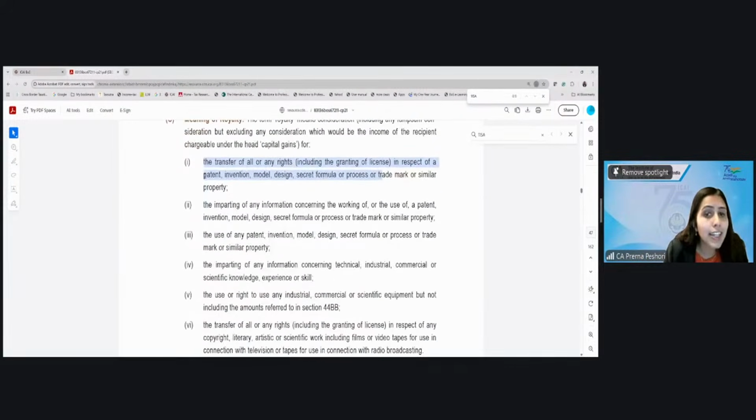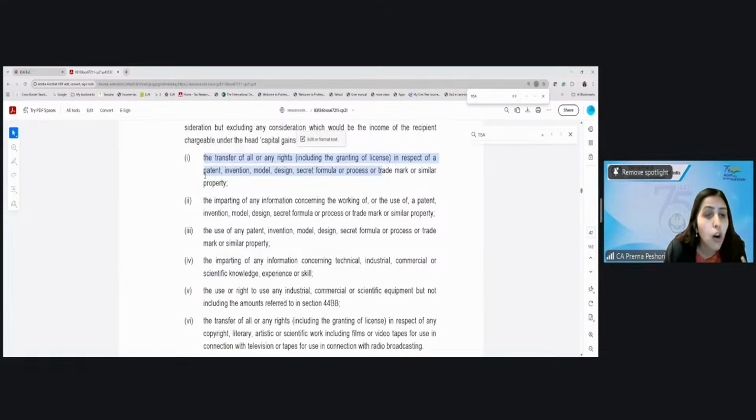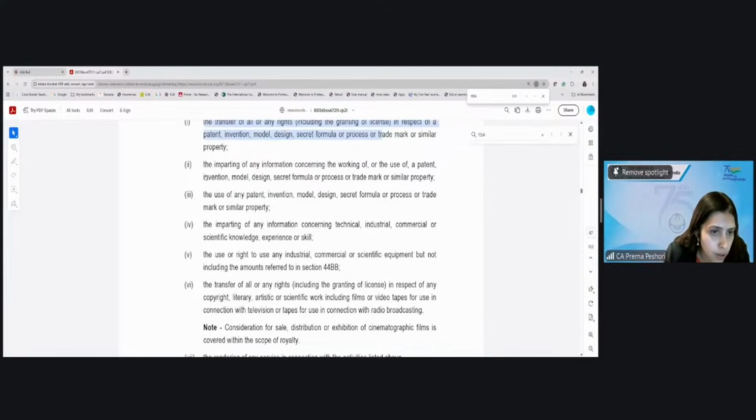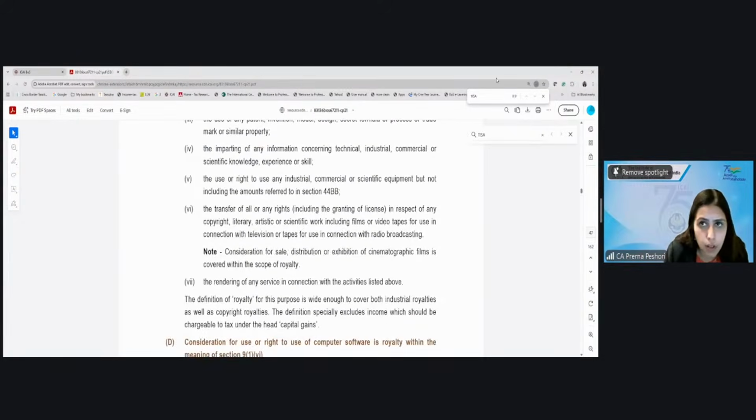Or any technical, industrial, commercial or scientific knowledge has been imparted, or using any industrial, commercial or scientific equipment, or transferring of any rights in respect of copyright, literary, artistic or scientific work, or rendering of any service in connection with the above. All that constitutes royalty.